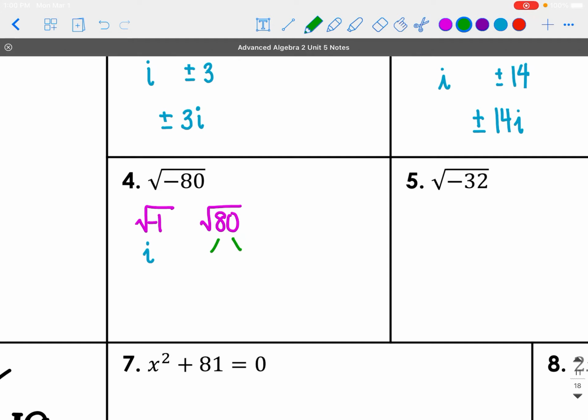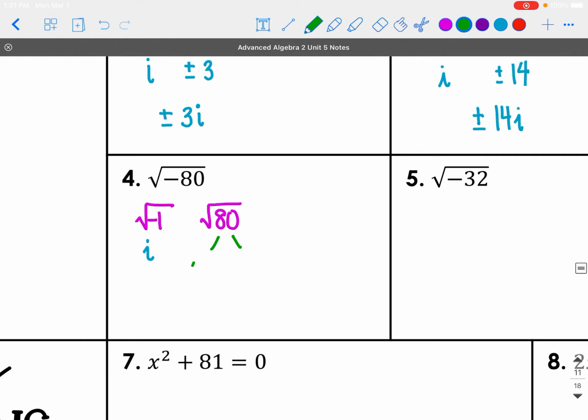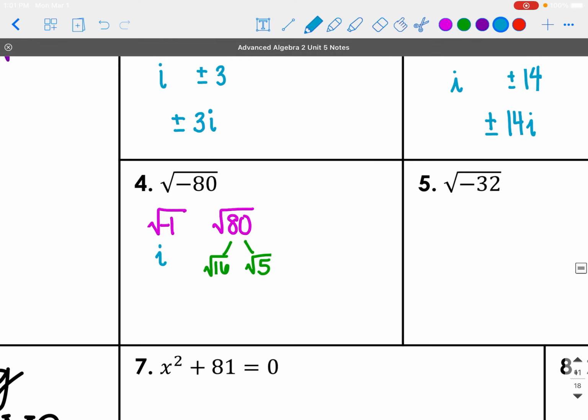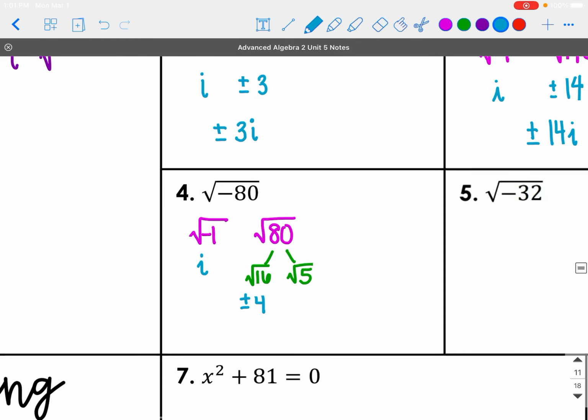No. 80 divided by 36. No. 80 divided by 25. No. 80 divided by 16 is 5. So 16 and 5. We know the square root of 16 is plus or minus 4, and then we have the square root of 5. So when I write my final answer, plus or minus the 4 first, then the i, then the radical 5.